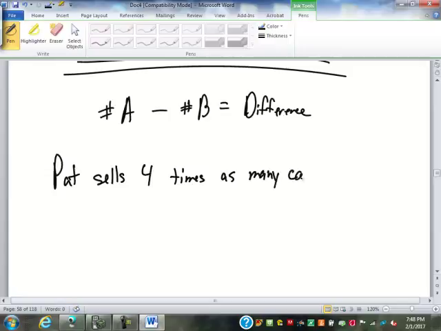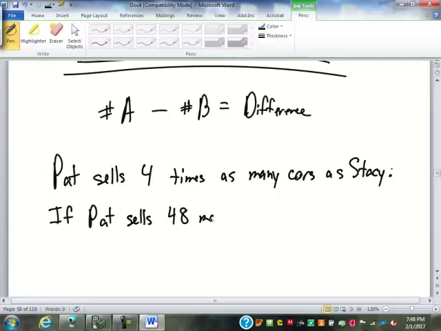This time of night, I'm not horribly creative, if you can't tell. If Pat sells 48 more cars than Stacy, how many did each sell?